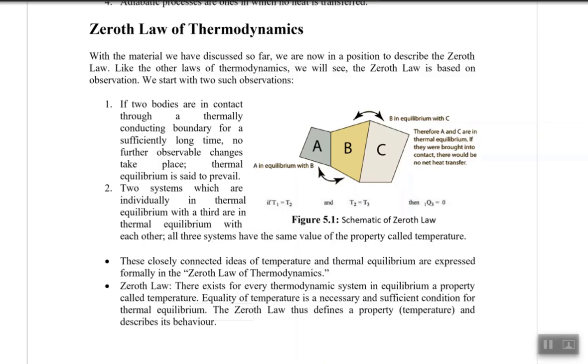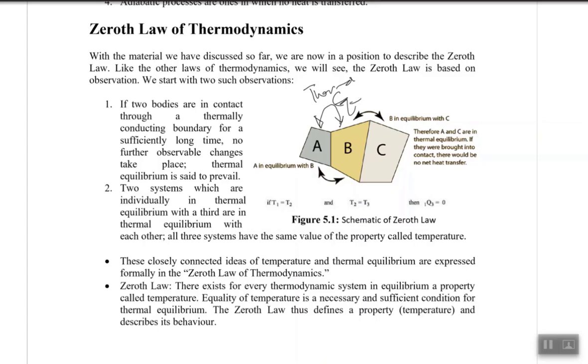The Zeroth Law of Thermodynamics is based on two observations. First observation: if a body A is in thermal contact with another body for a sufficiently long time, there would be no further change, and there would be thermal equilibrium between these two bodies.